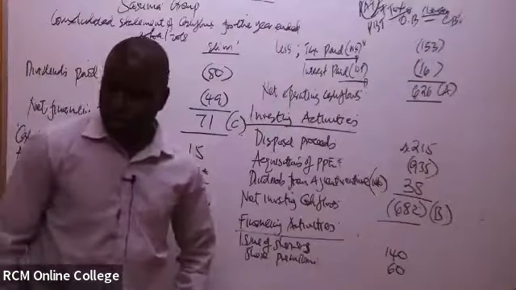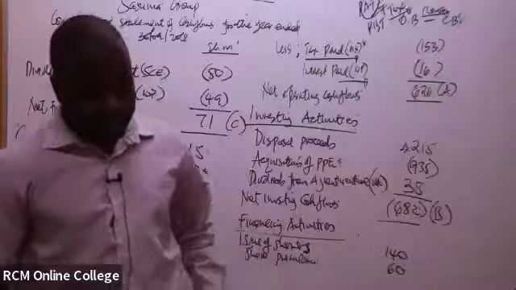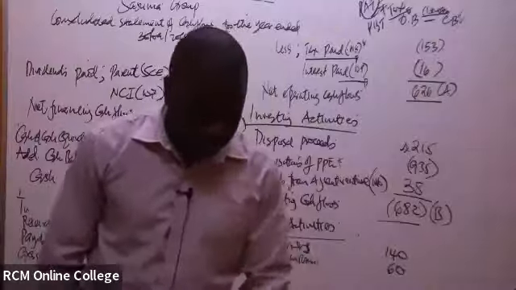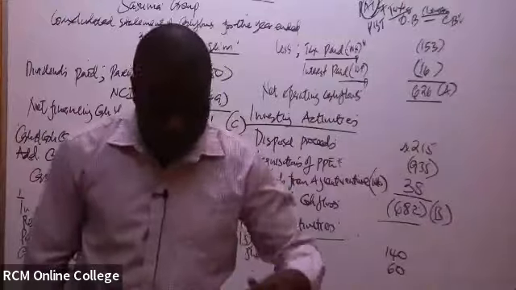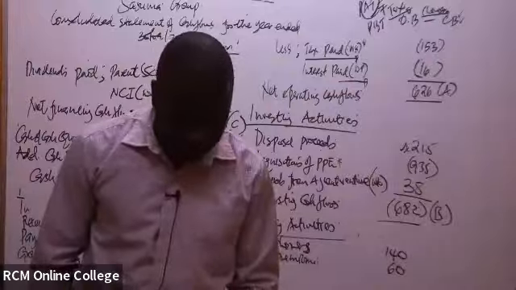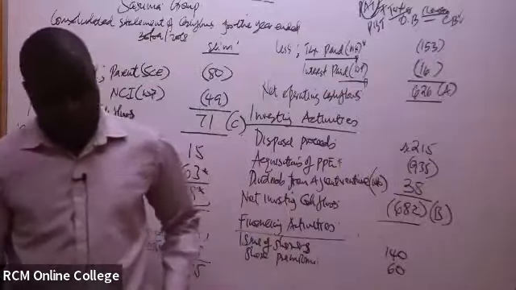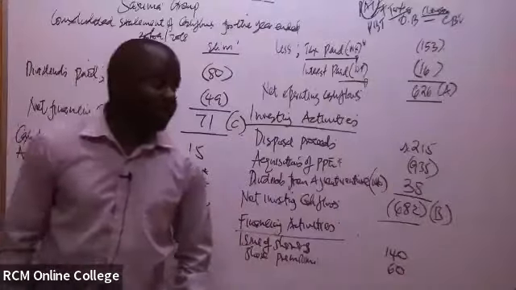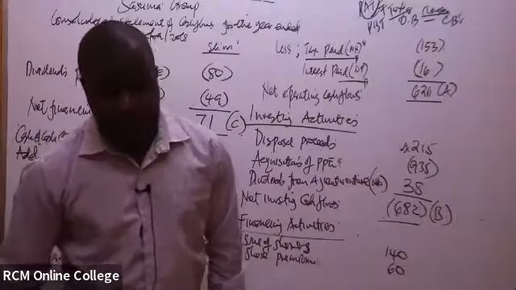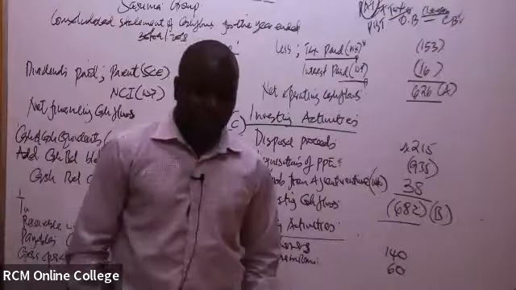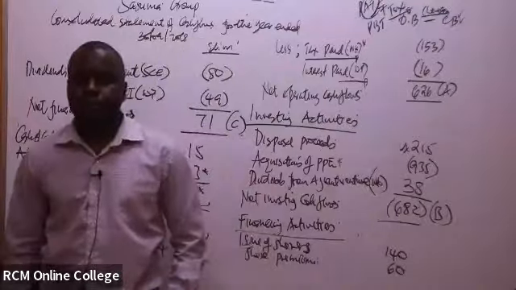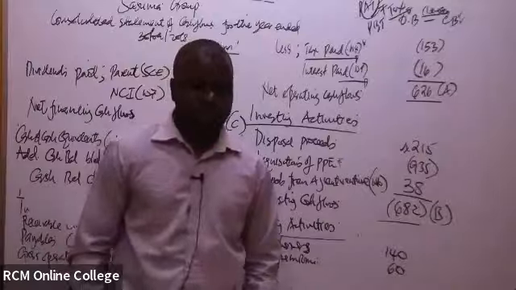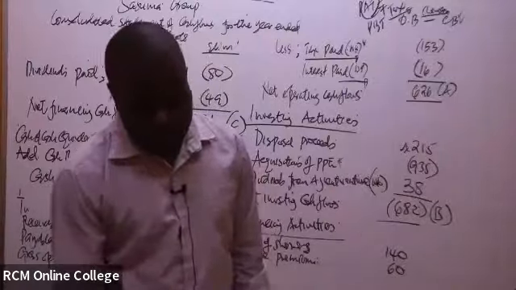I can see Omondi says he didn't see how we got 49. I think 49 is in our NCI account. We prepared the NCI account whereby we credited the opening balance and debited the closing balance. We looked at the income statement: the profits attributable to NCI were 25, which we credited.